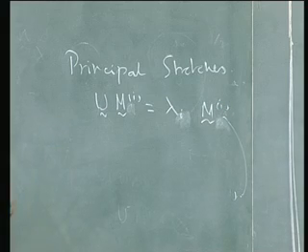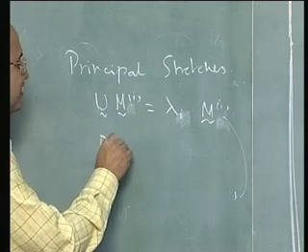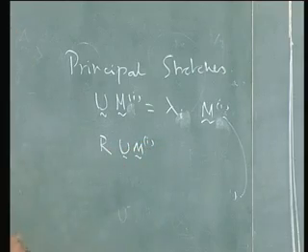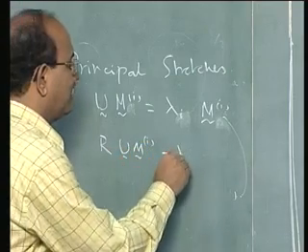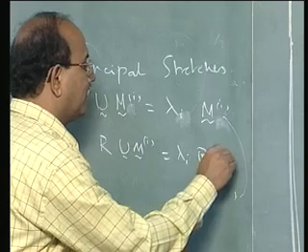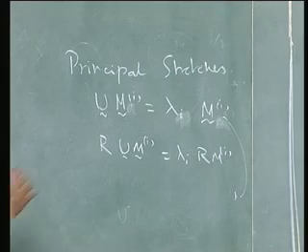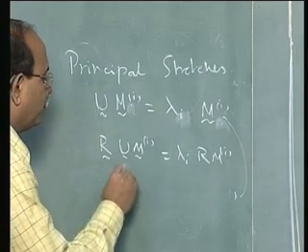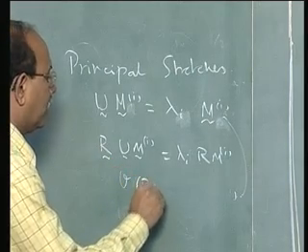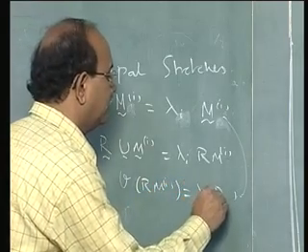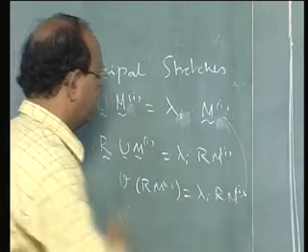So just multiply this by R: R U m_i is equal to lambda_i R m_i. Okay, RU is equal to VR. So V R m_i is equal to lambda_i R m_i.